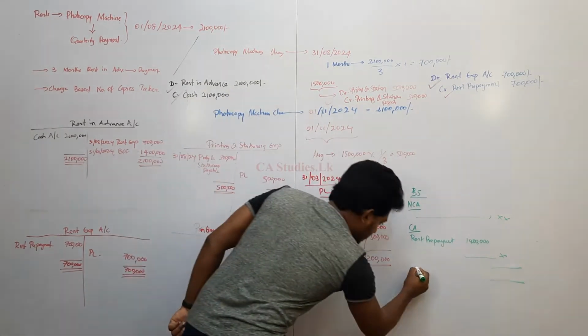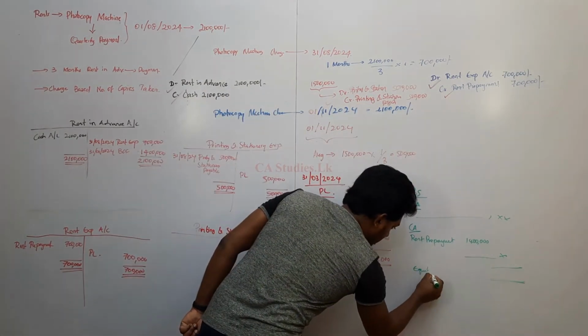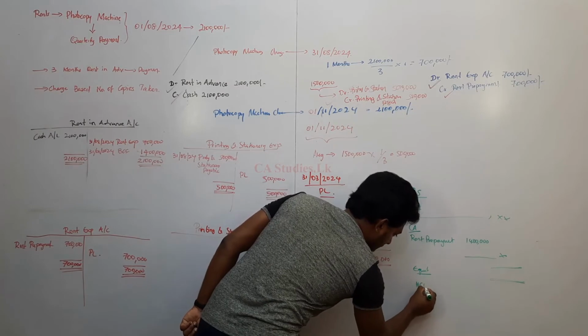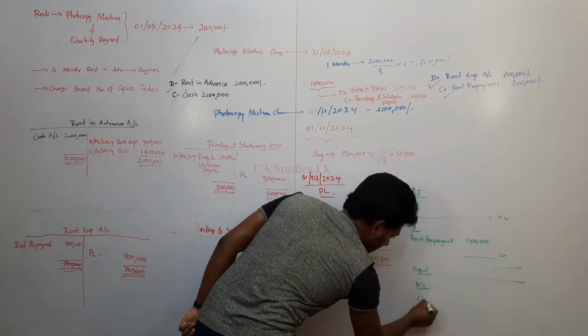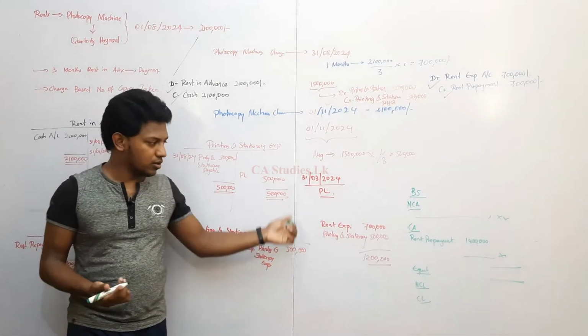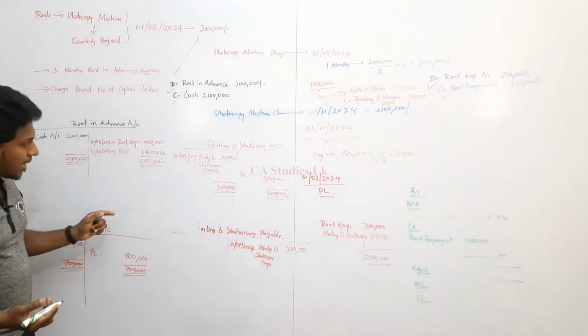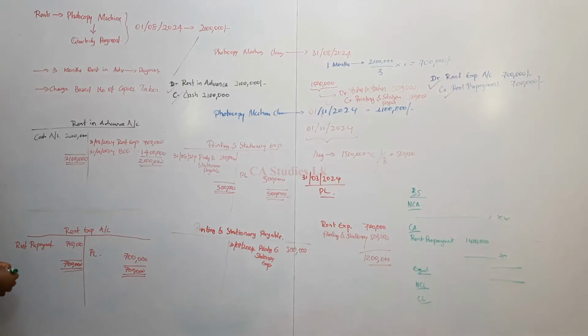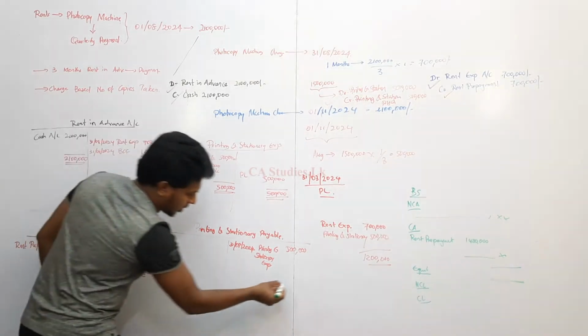Now let's take equity. Equity, after that non-current liability, after that current liability. Equity, non-current liability, there is no item, so we'll keep a space. So in current liabilities, we have to close this payable account.